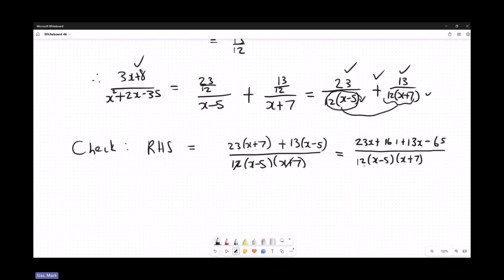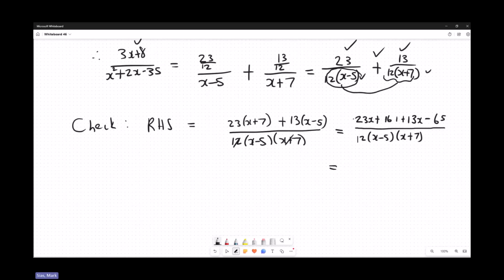So let's add quickly the like terms. Well, this is 36x. And then 161 minus 65, what is that, guys? Is it 96? Yeah? 161 minus 65 is 96, I think.